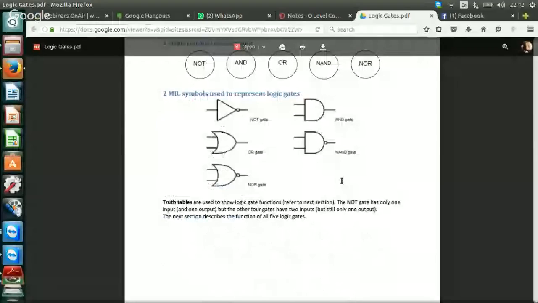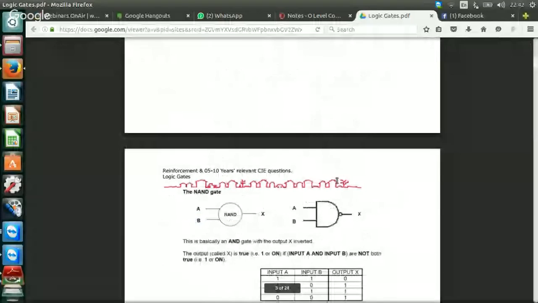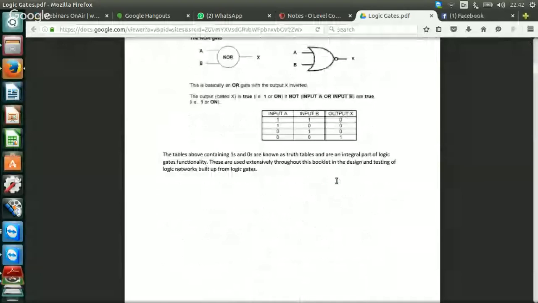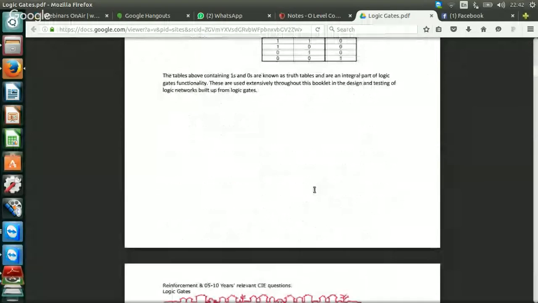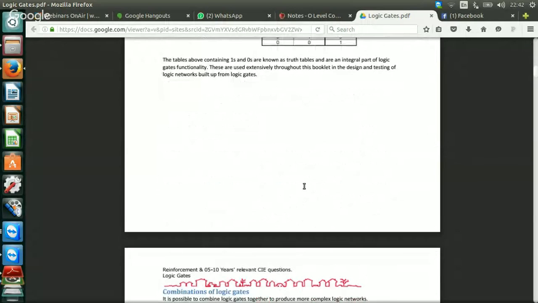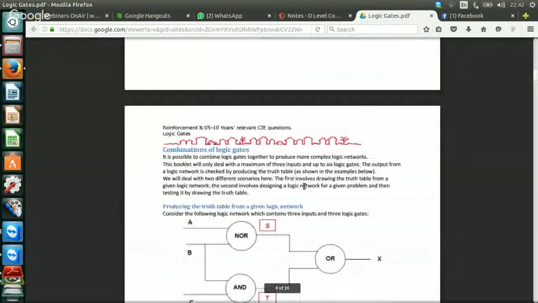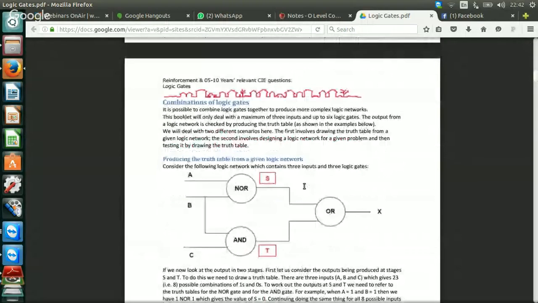Just like I've told you before, no previous knowledge of any sort is required to cover this topic, logic gates. It can be taught and learned without any previous background. You should be good with math or English, something like that, but nothing technical.